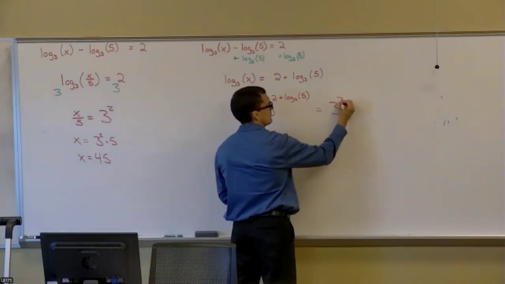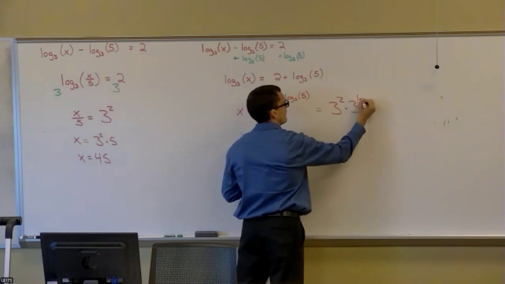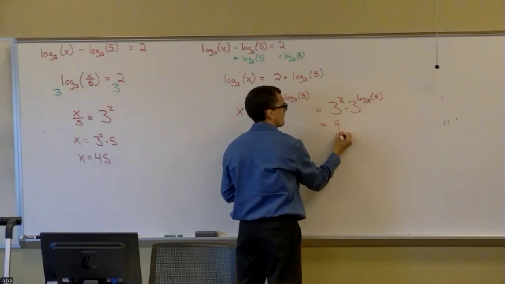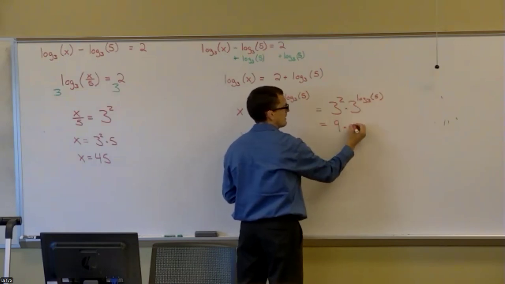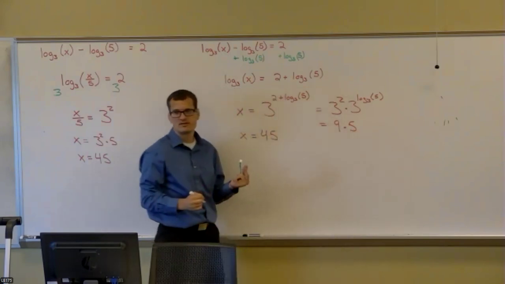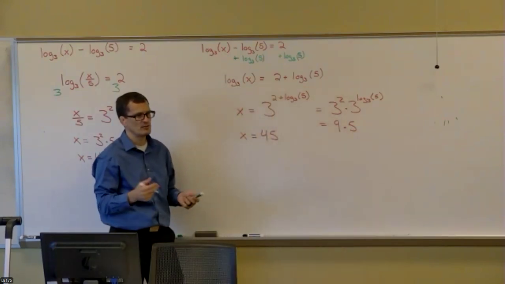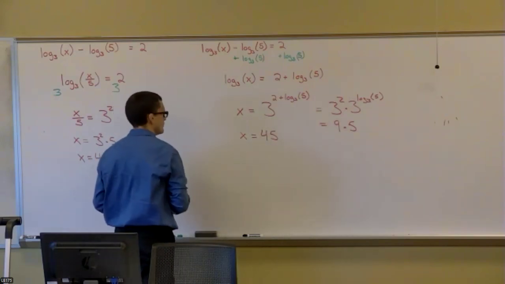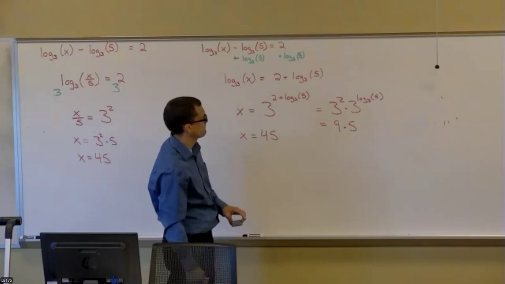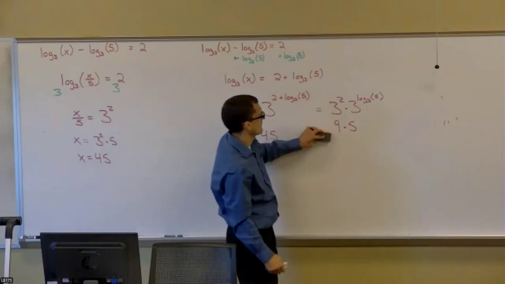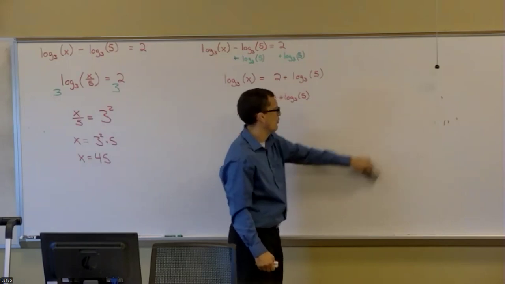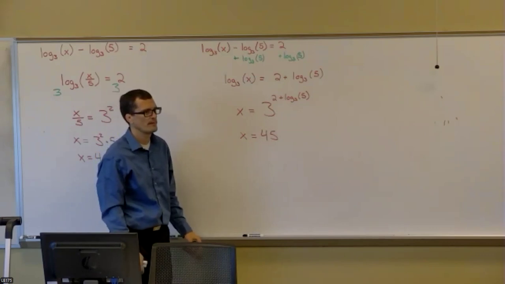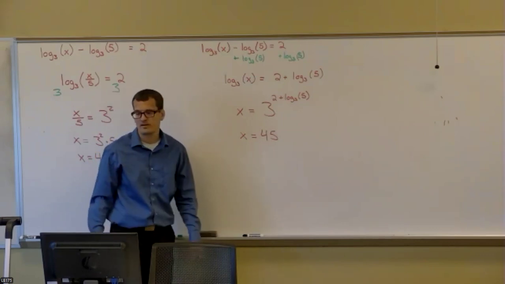Rules of exponents say that 3 and log base 3 cancel each other out. So rules of exponents would say that has to go to 45. Exponents and logarithms. That's why you're getting a nice whole number with this really ugly looking exponent. Make sense?